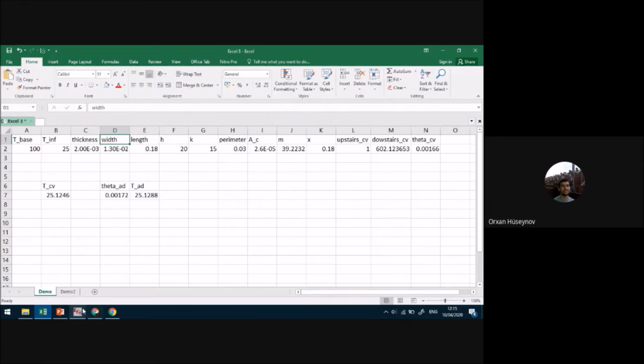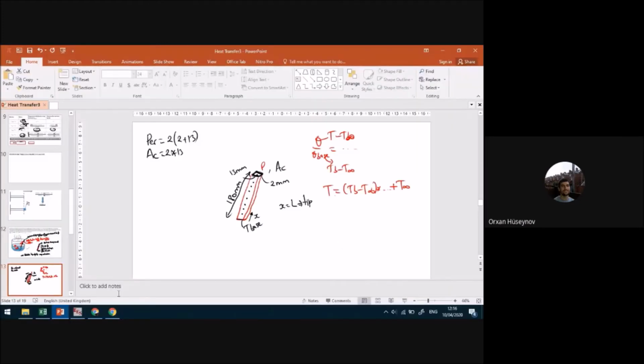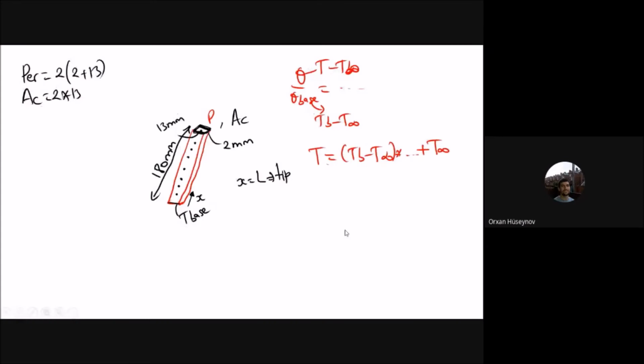But another thing you can do, to be accurate in your calculations and to be sure that your tip is adiabatic, is calculate the ratio which is called the tip area to exposed fin area ratio.